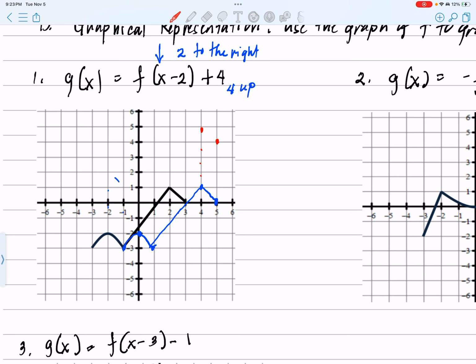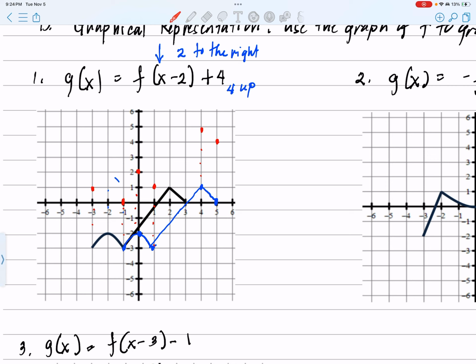And this point will go up 4, 1, 2, 3, 4. This point will go up 4, 1, 2, 3, 4. And this 1, 2, 3, 4.